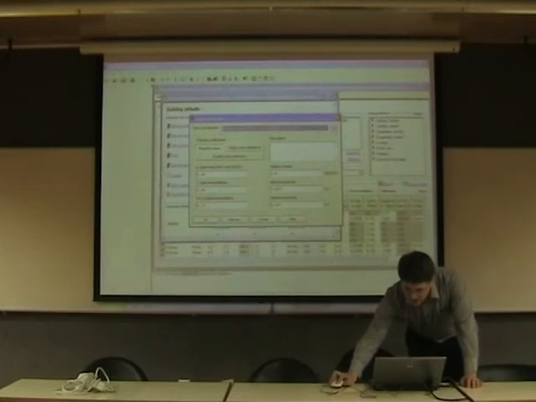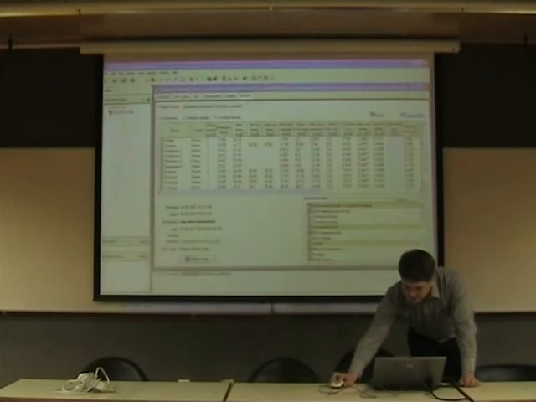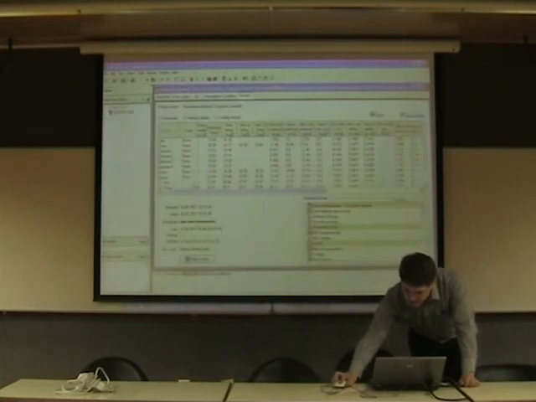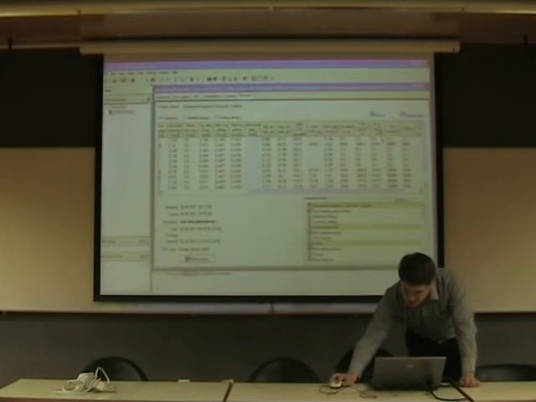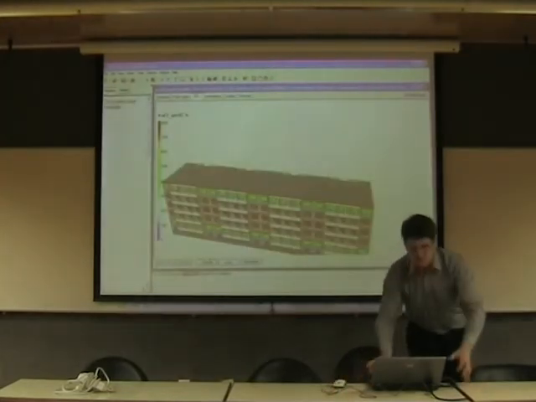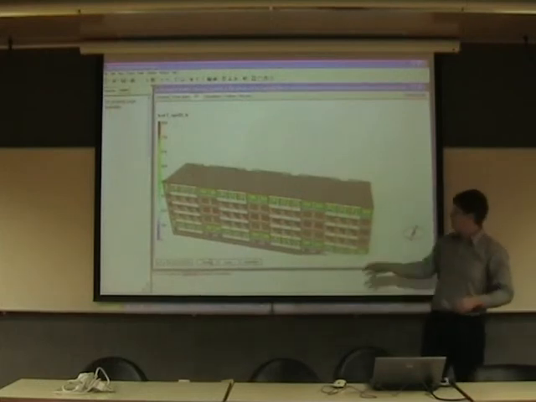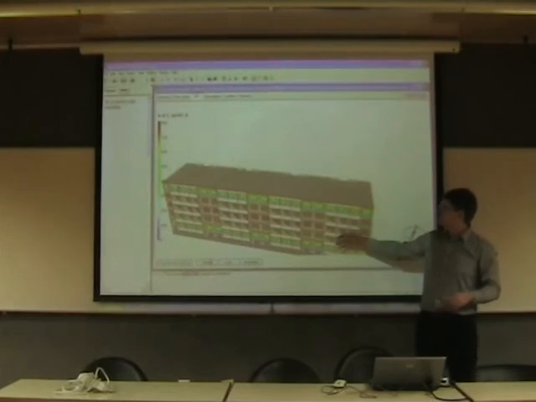Okay. And with this simulation tool, we can also simulate the whole period, and we can see when the spaces are overheated.